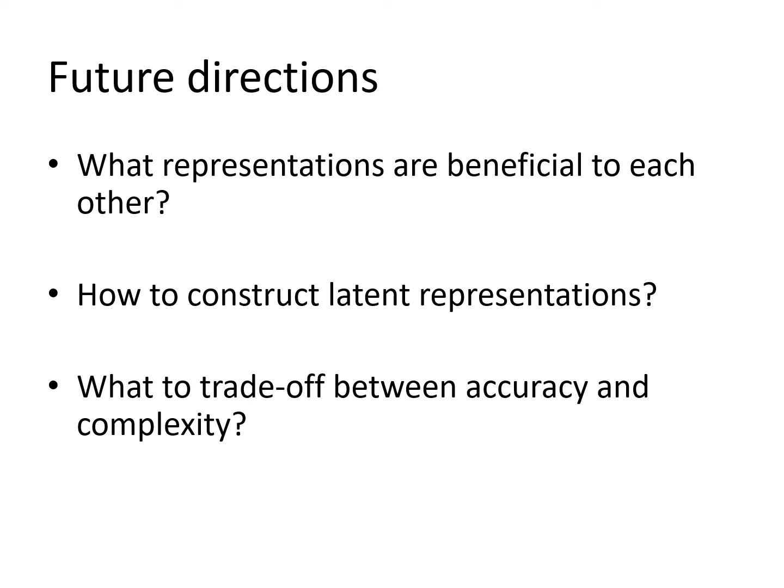Nevertheless, there's some increase in the network complexity. On the other hand, we gain substantially in terms of accuracy. So what is the principled way to trade off between accuracy and complexity? The computational framework. This is very interesting to explore.